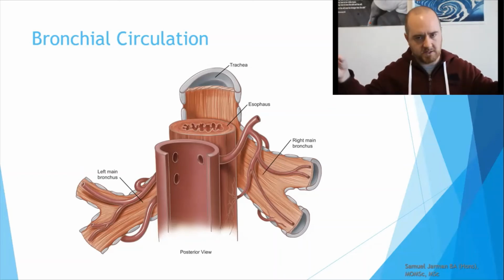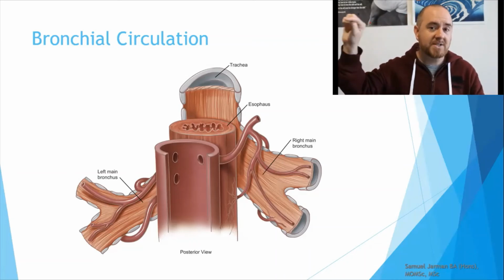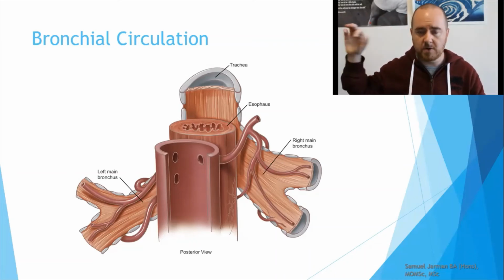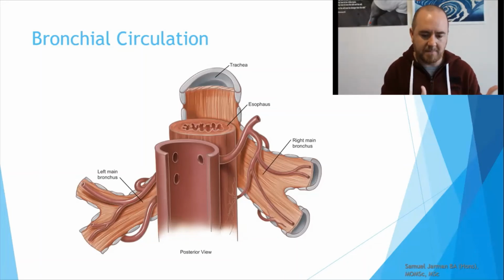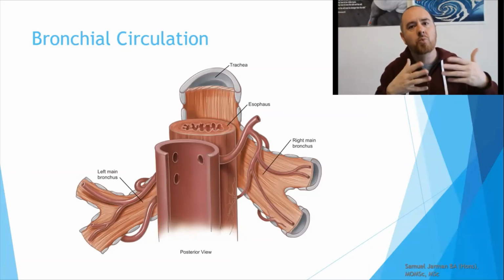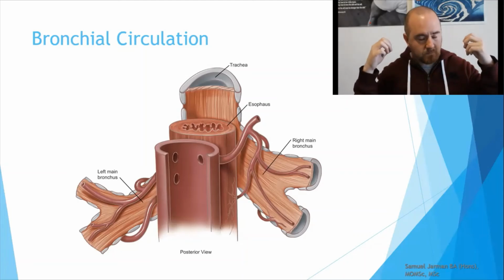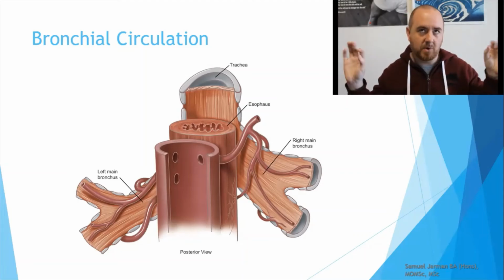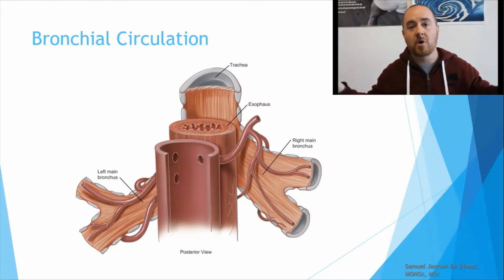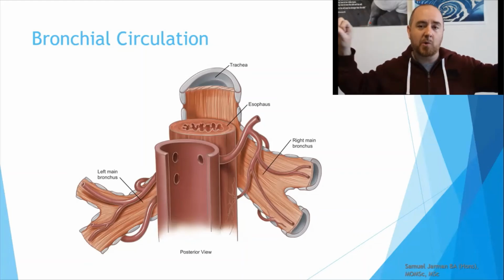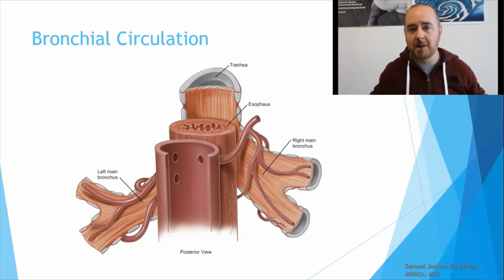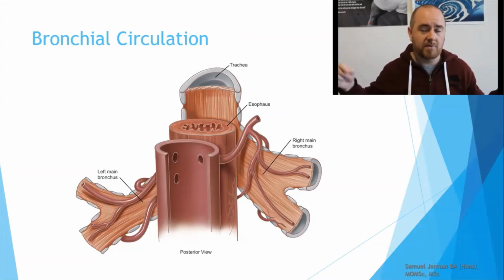And then sometimes you will have bronchial branches from intercostal arteries around the bronchi, or you will have arteries coming right out of the aorta as bronchial arteries. They're going to follow the bronchi and supply the general tissue of the lung. So the blood supply to the lung is systemic, coming off of the bronchial circulation, which is directly either off of an intercostal artery or directly from the aorta.